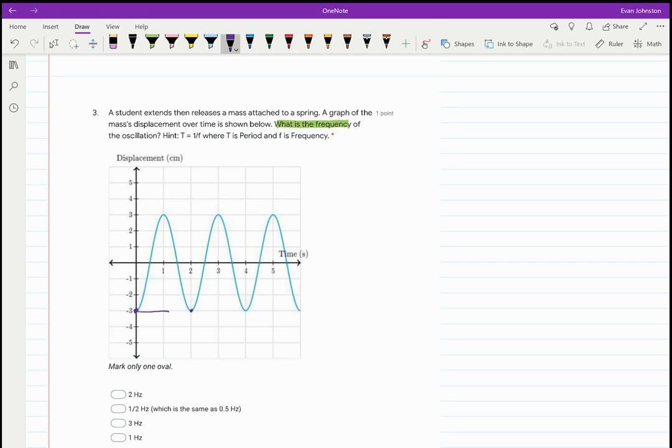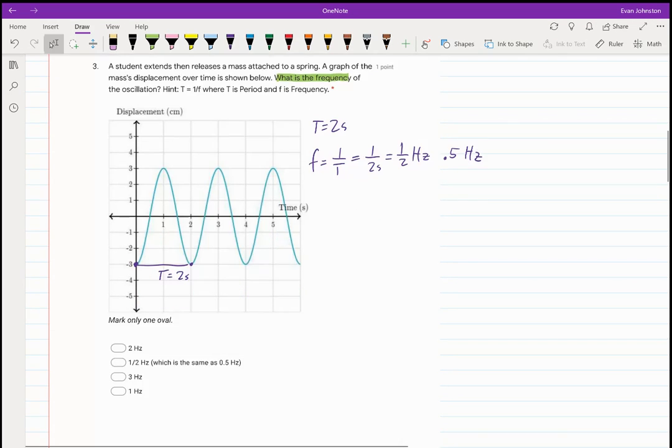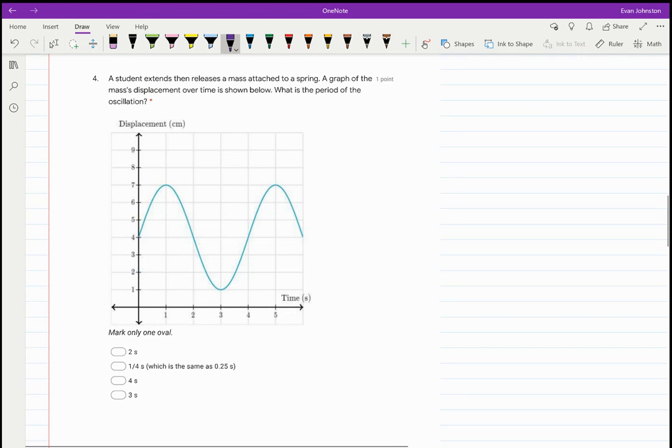So our period T would be 2 seconds. And whoa, this is the example I just did above. Frequency is 1 over the period, so 1 over 2 seconds, which is 0.5 hertz. So there we go.